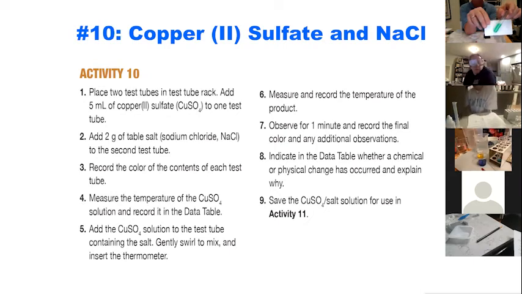It was blue. What color is it now? It's turquoise, it's kind of green. So this is a different form of copper. Something has changed here.